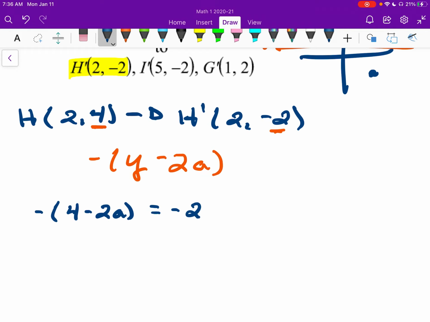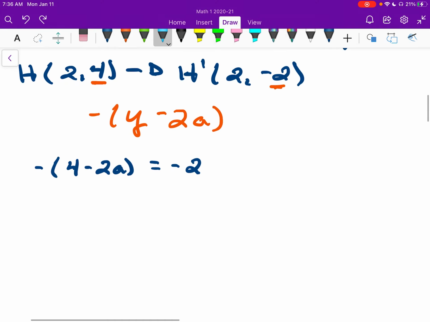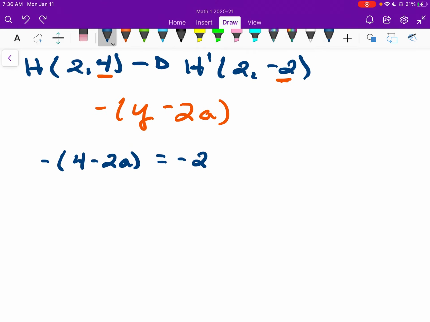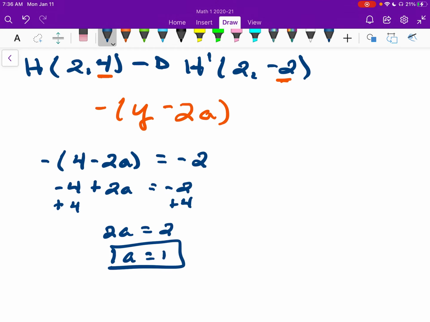And what we're doing there is we're saying, what is a? What is the line that we're reflecting over? So I'm going to distribute that negative on the left, so I'll have -4 plus 2a is -2. Then I can solve by adding 4, so 2a is 2, and a is 1. So I reflected across y equals 1.